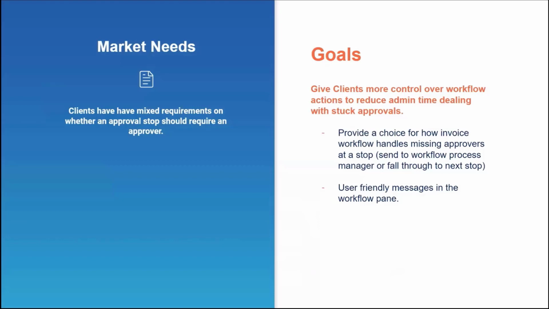So what we did here was we wanted to provide a choice to our clients in making the decision about whether a stop has to have a valid approver or just fall through. What had happened in a prior version is that it would show an error, and part of the problem with it was that the error message that was showing within the workflow pane was not very user friendly. So those were the things that we were trying to clean up here.